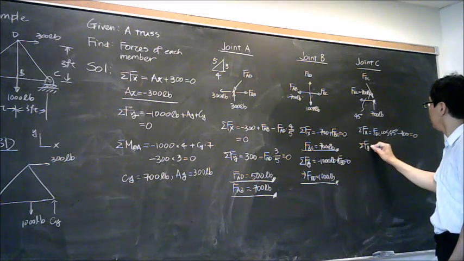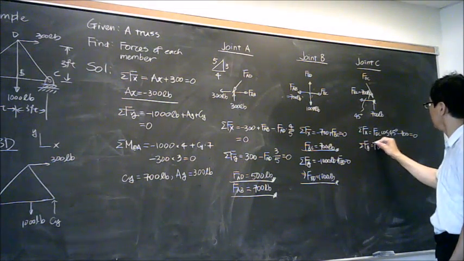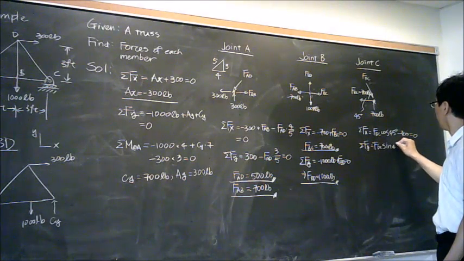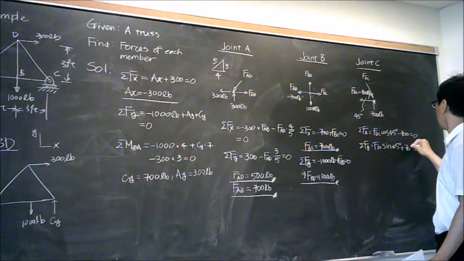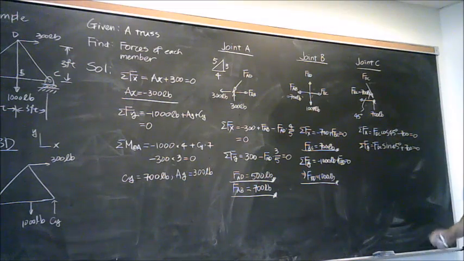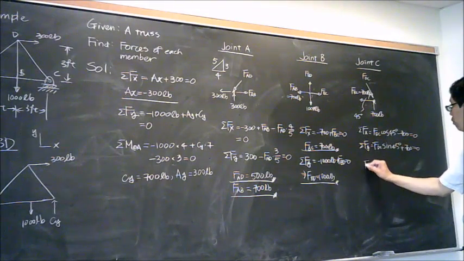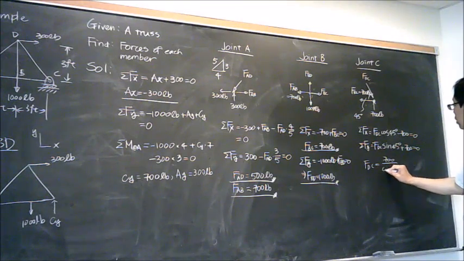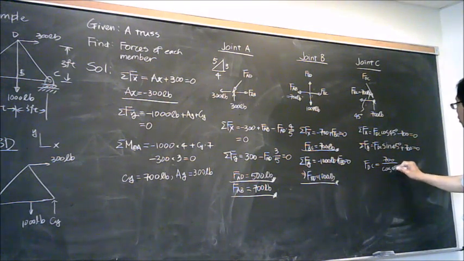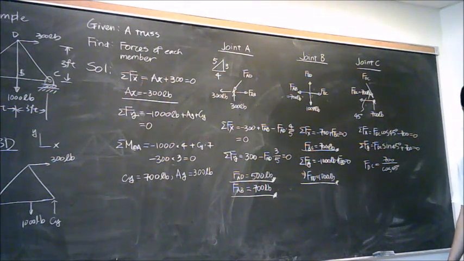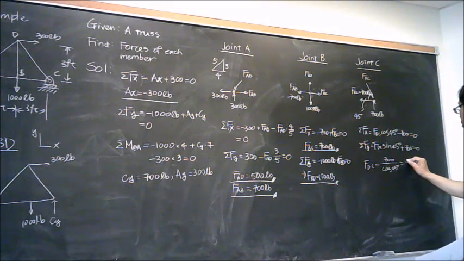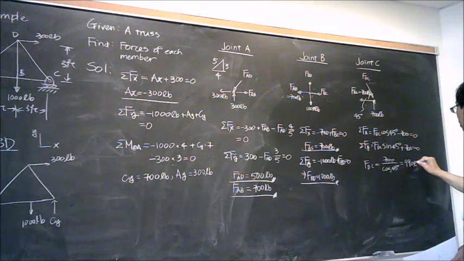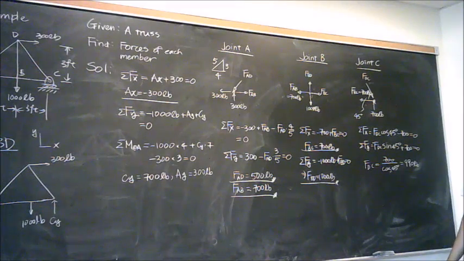Fy equals FDC negative sine 45 degrees plus 700 equals 0. Of course, they must agree. If they do not agree with each other, you're doing something wrong. So FDC is going to be 700 over cosine 45 degrees or sine 45 degrees, it's up to you. And we get this one equals 990 pounds.